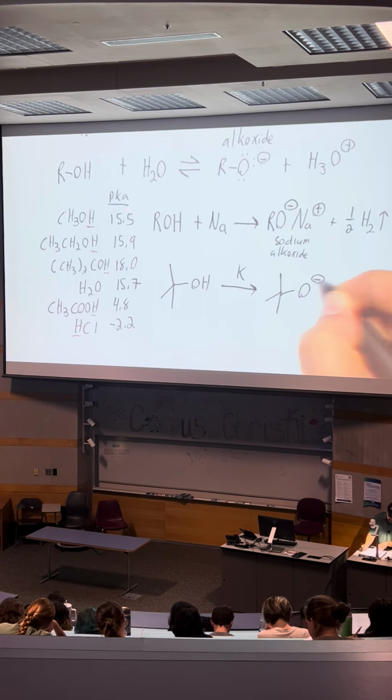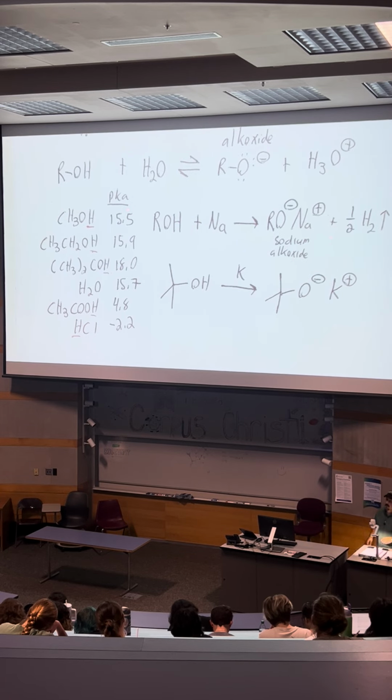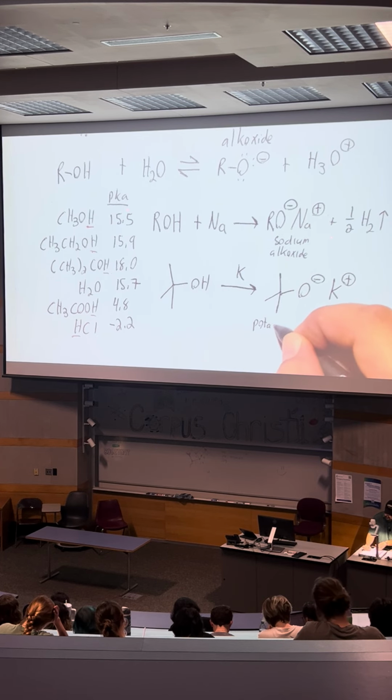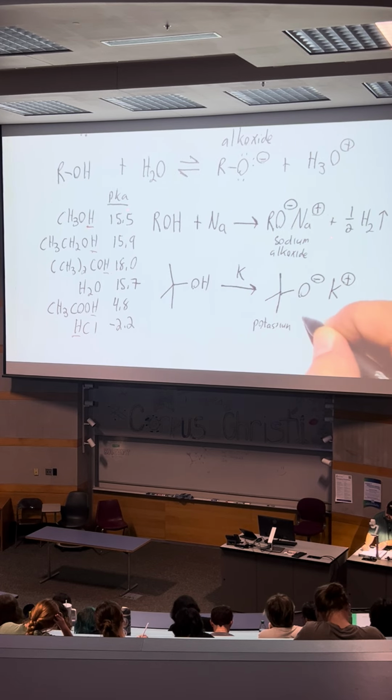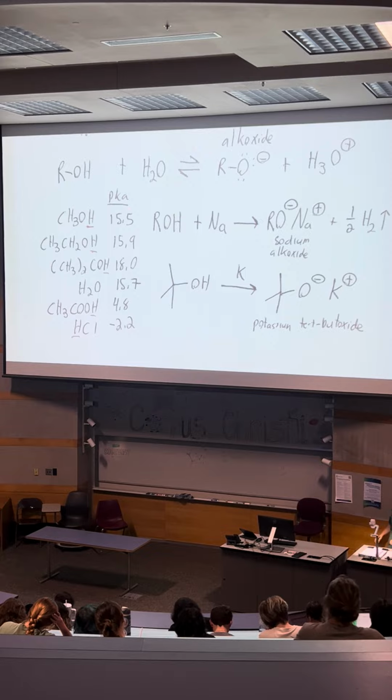That has the effect of deprotonating the tert-butyl alcohol group, and you can trap it in solution as the potassium salt. And so this would be potassium tert-butoxide. And that's commercially available. You can actually buy that.